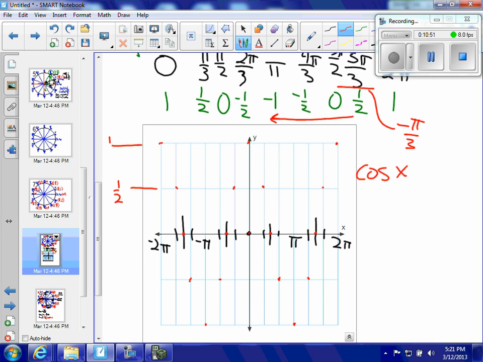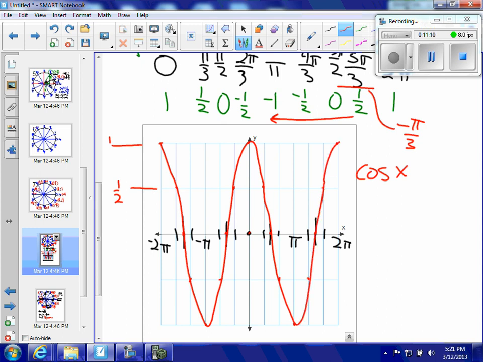My graph of cosine is a wave. You see it's a wave here? My graph of cosine is a wave with a maximum value of positive 1 and a minimum value of negative 1. And as long as I keep going around that unit circle, this wave is just going to continue going like that forever.